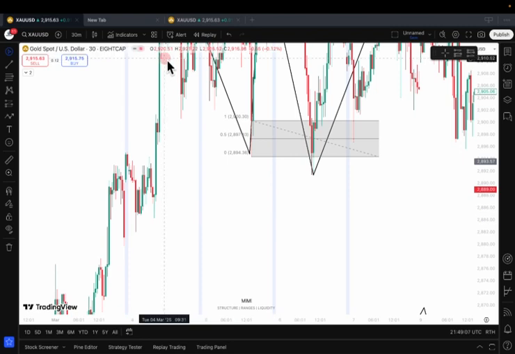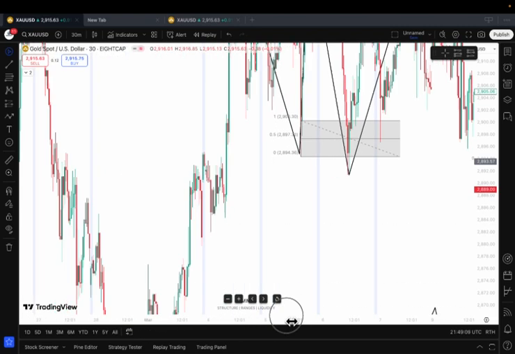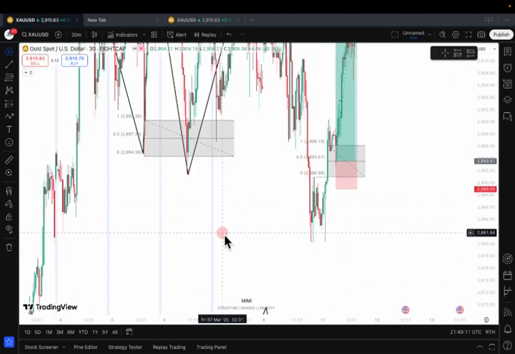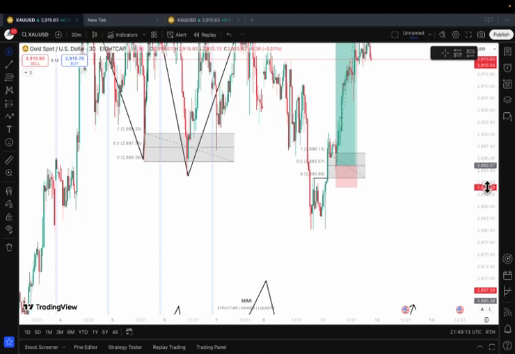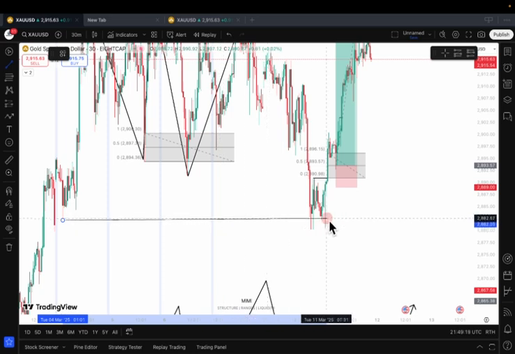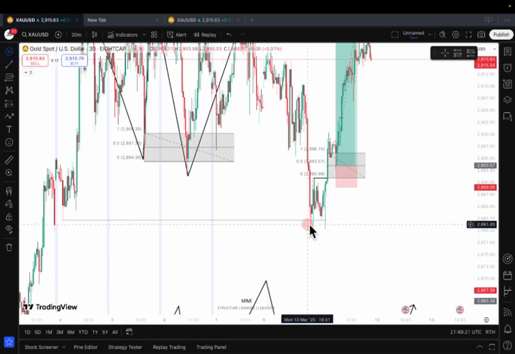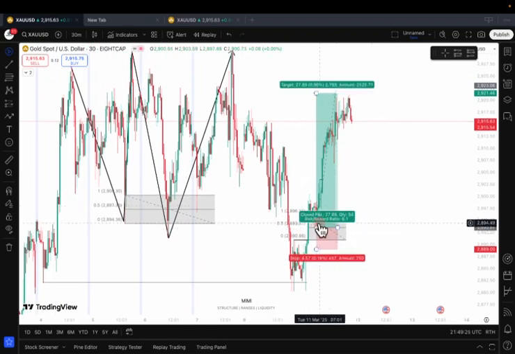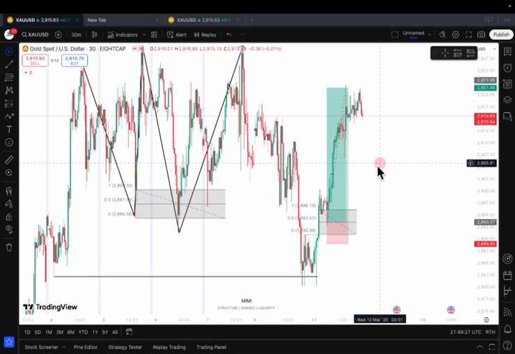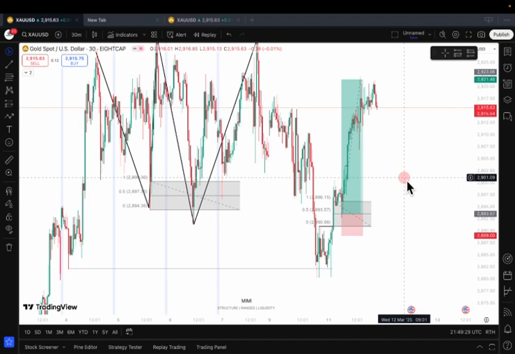If not, this is not a point of interest. So to avoid the whole confusion, I rather just allow price to do whatever it likes, which it did. It simply took it out, and then it later bought after taking it out, and then I continued from here. It's as simple as that, nothing more and nothing less.